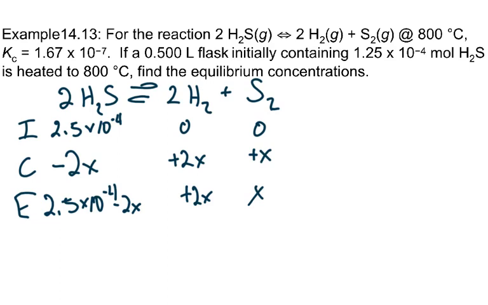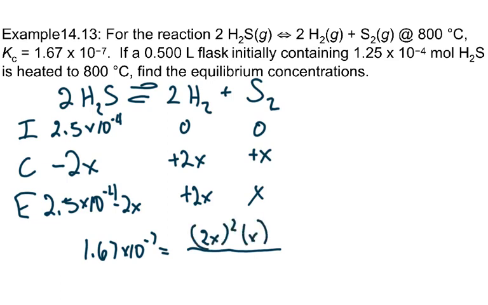I know my Kc value, 1.67 times 10 to the minus 7th, is equal to 2x squared times x divided by 2.5 times 10 to the minus 4th minus 2x, squared. And now we're going to use our x is small approximation.